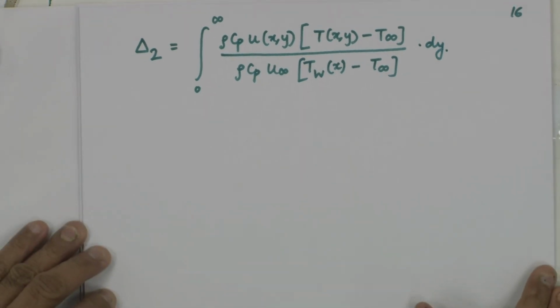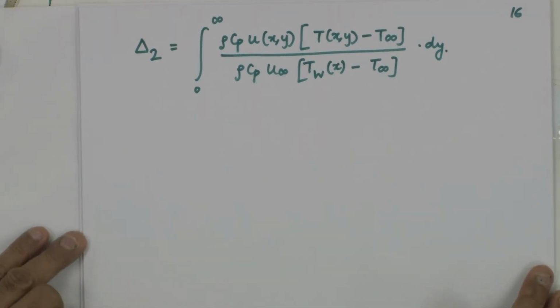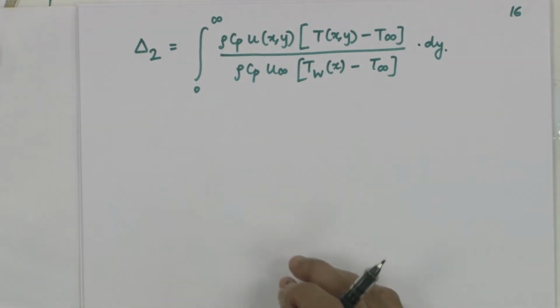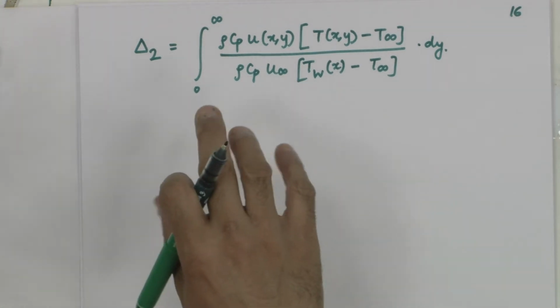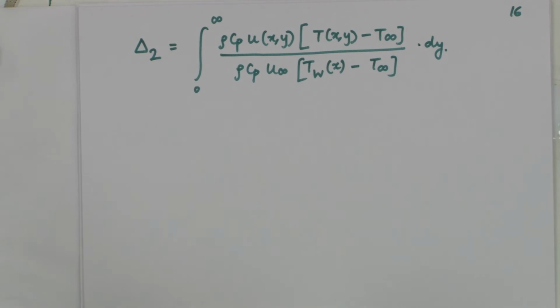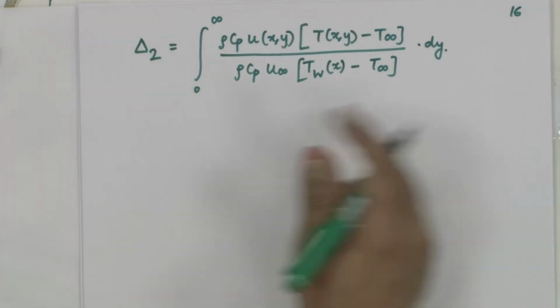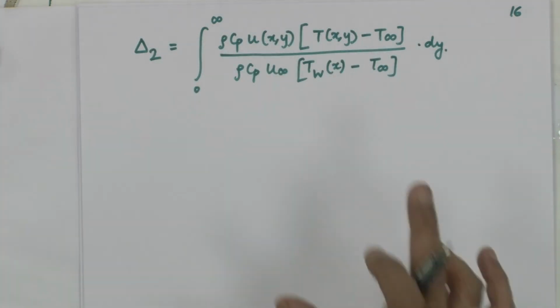This is my definition of enthalpy thickness. By how much should this so-called boundary layer compensate so as to give you the same total heat removal?